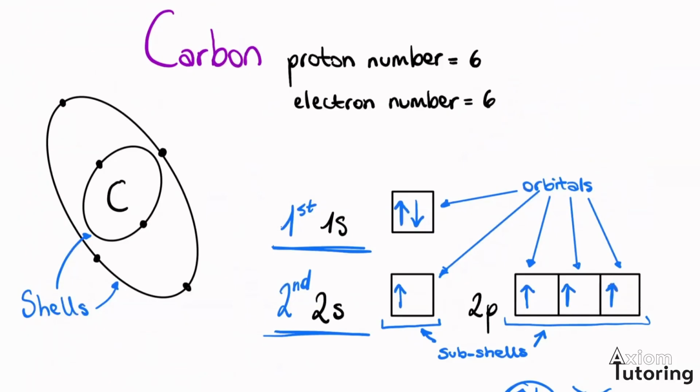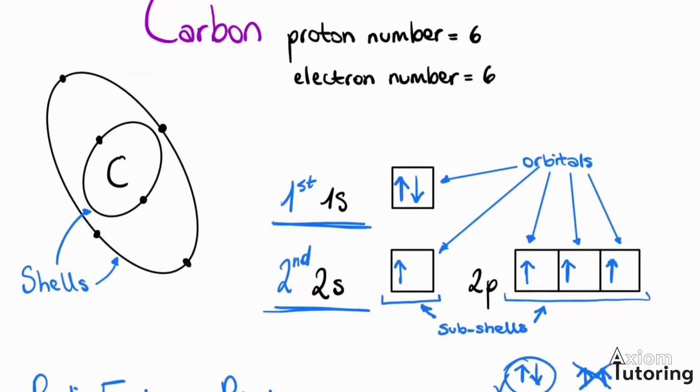Now, if we had a bigger atom like oxygen, which has 8 electrons, then we can go back into our second S subshell and start filling that up and moving on onto our P block. But because carbon only has 6 electrons, this is where we stop.